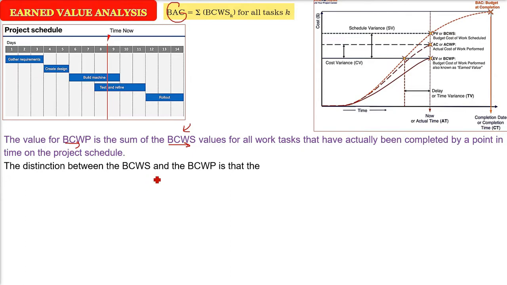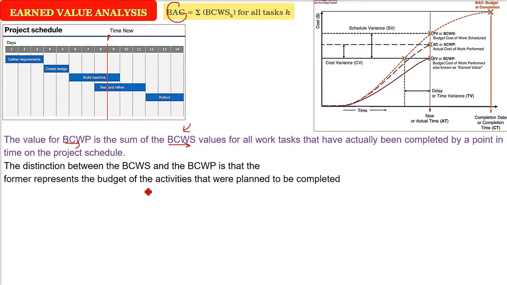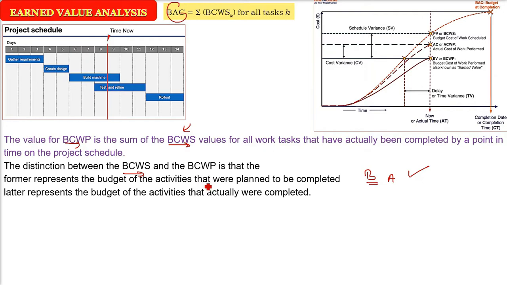So let me tell you about BCWS and BCWP. BCWS represents the budget of the activities that were actually planned to be completed. We have planned it. But BCWP represents the budget of the activities that are actually completed at that particular point.